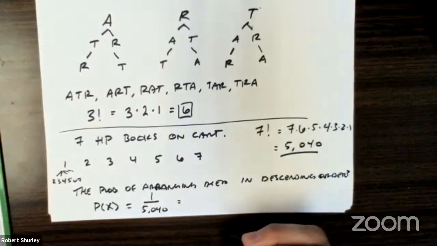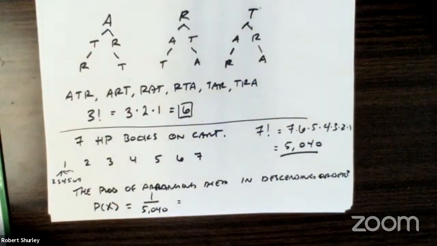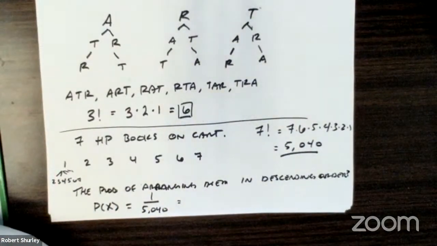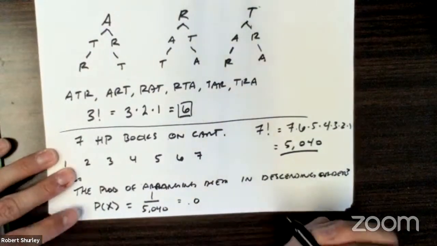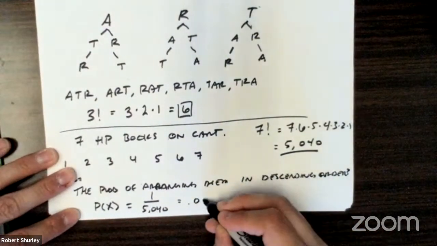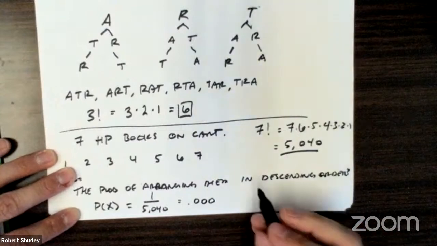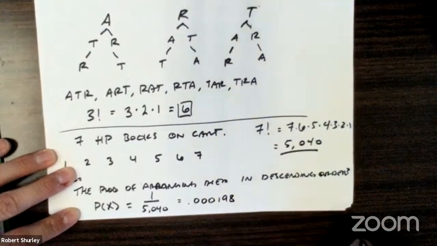So let's look at this calculator, 1 divided by 5,040. There's a lot of zeros. 0.00198. We'll stop there.